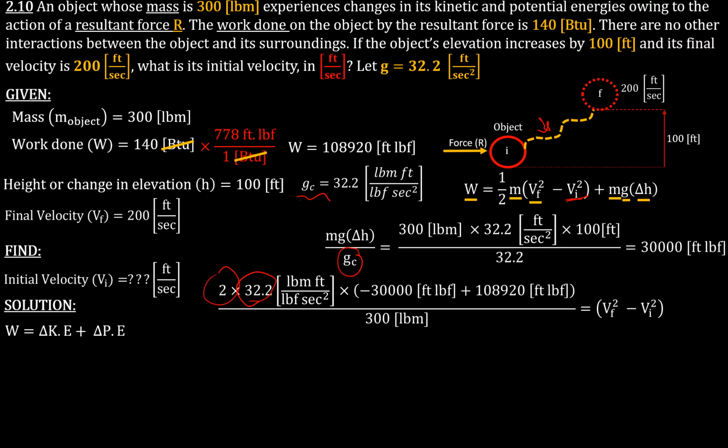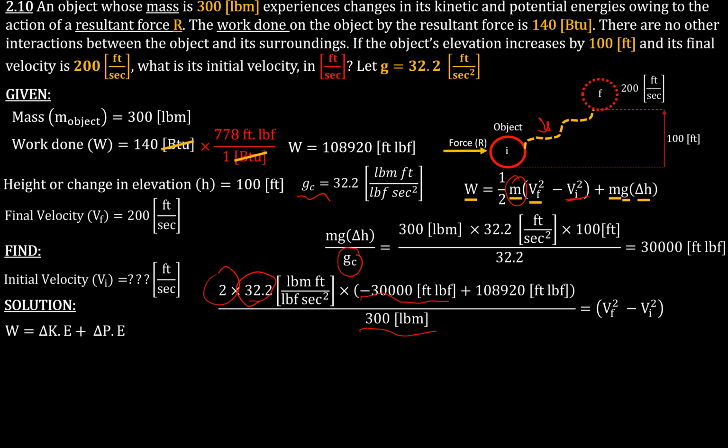The work and the mgh, your potential energy, move to the other side of the equation, right here. The positive will become negative, and the mass moves to the other side of the equation, 300 pound mass.